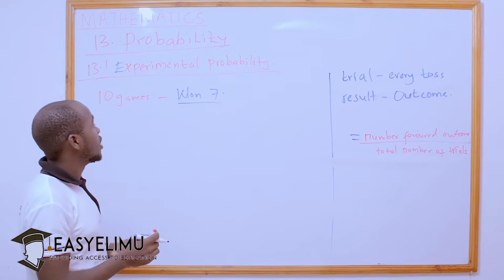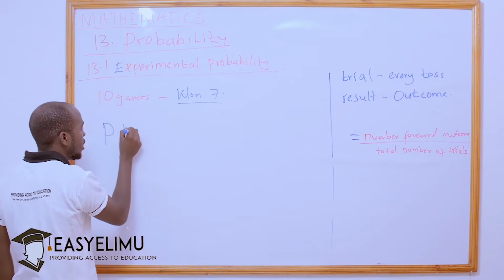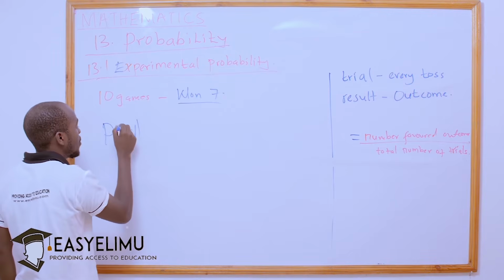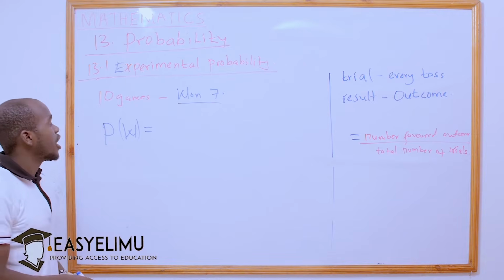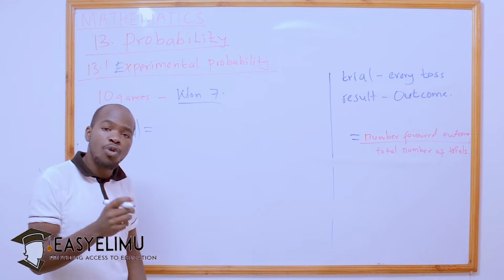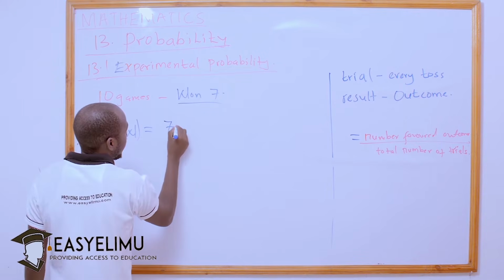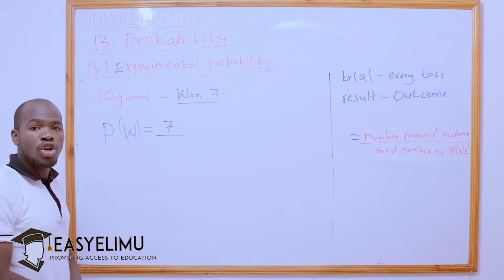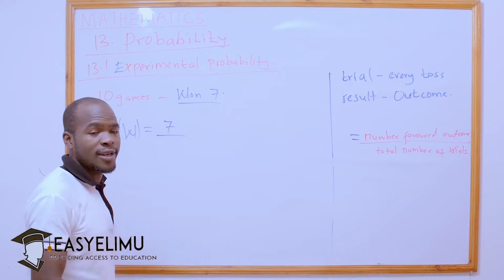So, to find the probability of winning, I shall write the probability of that school winning the game. It will be the total number of wins the school obtained, which is 7, over the total number of games played, which we refer to as trials.